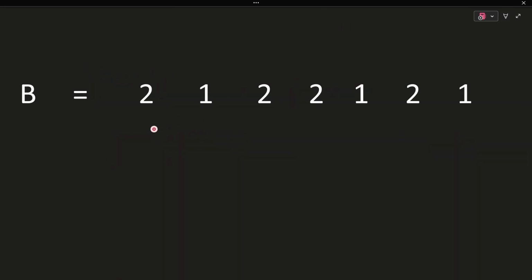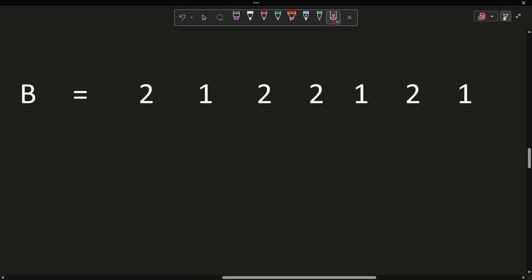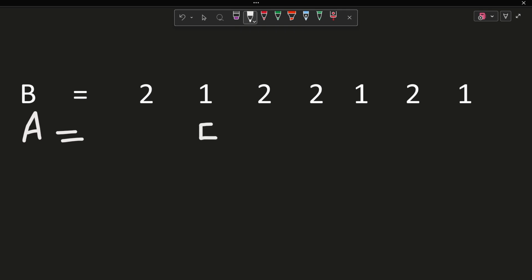For this example, let's create the array A. At first, for the element 1, we'll print the values. Let's say here I print 5, here 6, here 7.